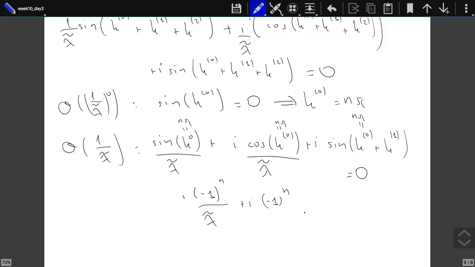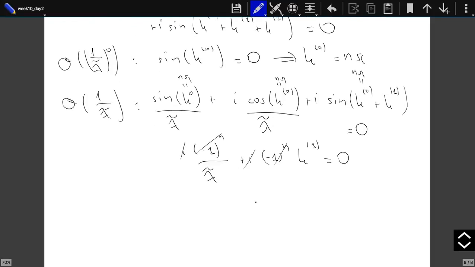So I can just expand sine of k1, keeping only the first term. This should be equal to 0. The minus 1 to the n's I can cancel. So k1, the first correction, is nothing but minus 1 over lambda tilde.